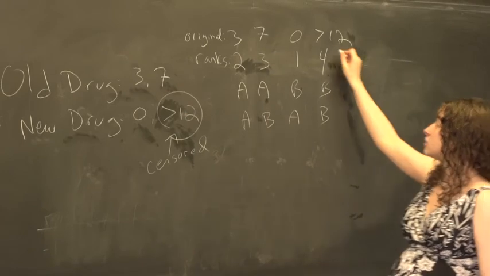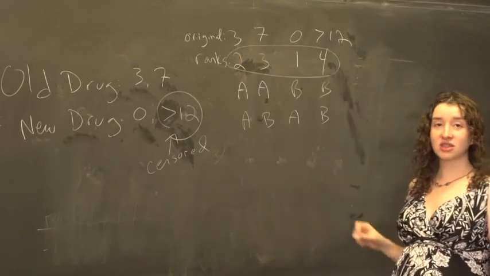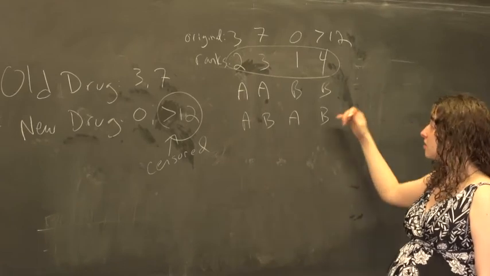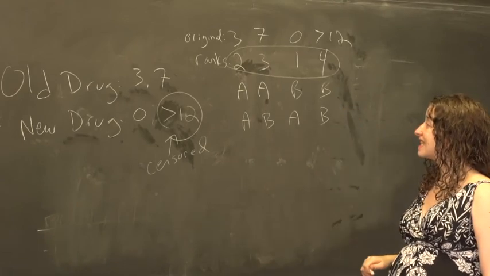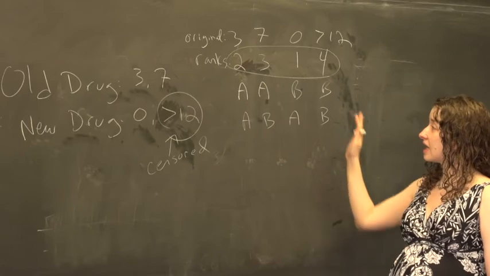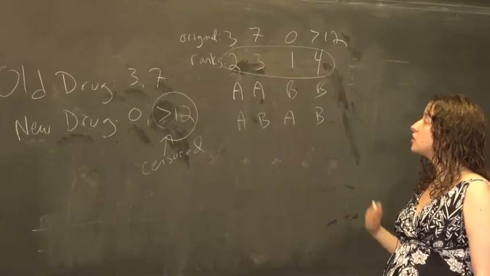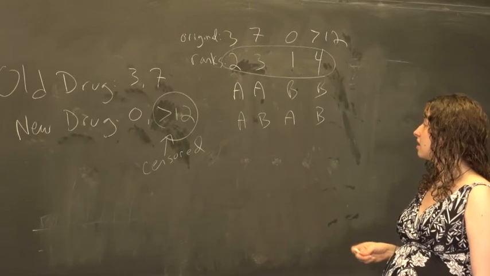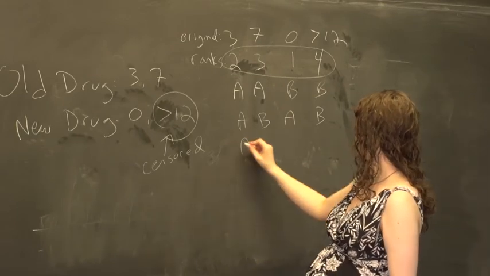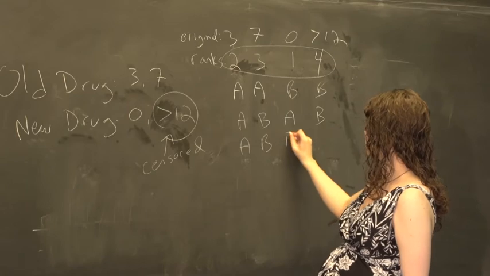So now, using these ranks, we're going to just do a randomization test. So let me write down the 6 different ways that we can allocate 2 of these people. This is person 1, 2, 3, and 4. 2 of these people to group A and 2 to group B. So let's do that. Could look like this.